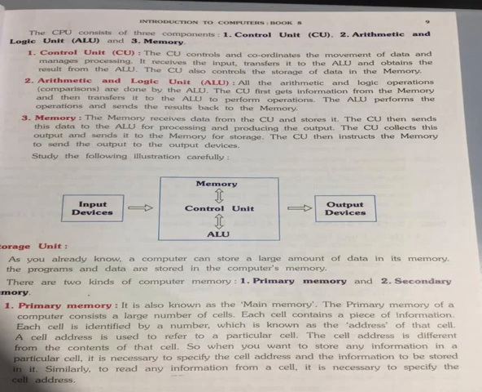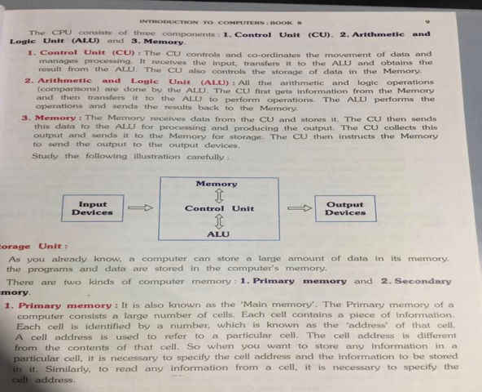After working on that particular input, the result is given by the ALU, and the CU also controls the storage of data in the memory. Now next is the arithmetic and logical unit. All the arithmetic and logical operations are done by the ALU.